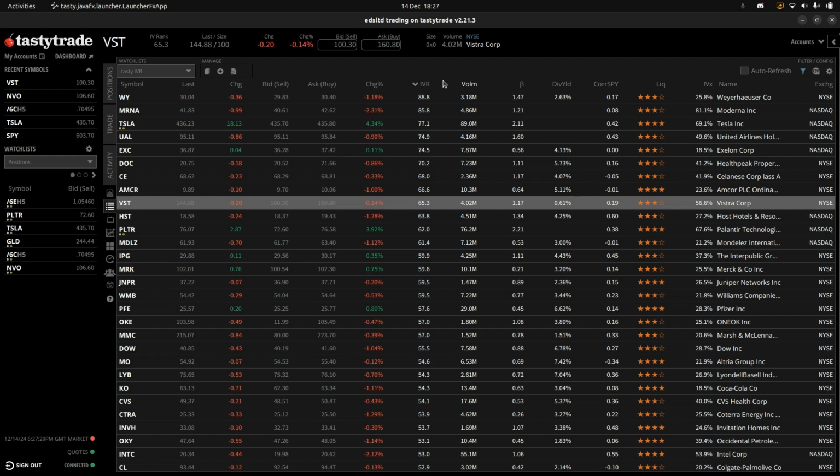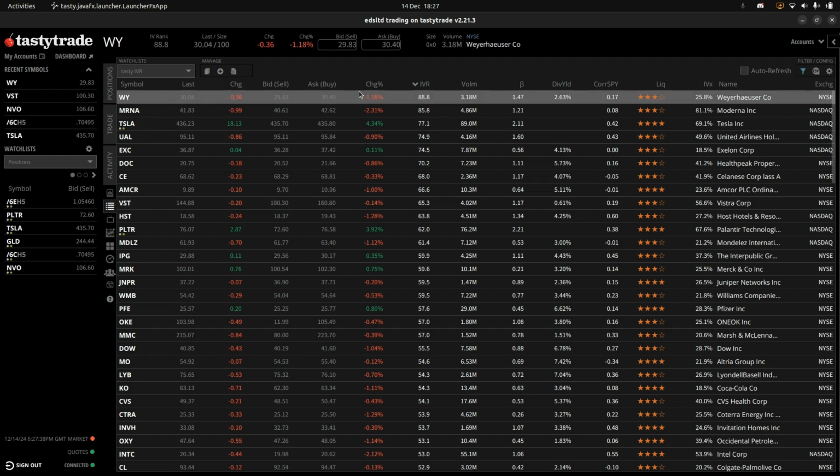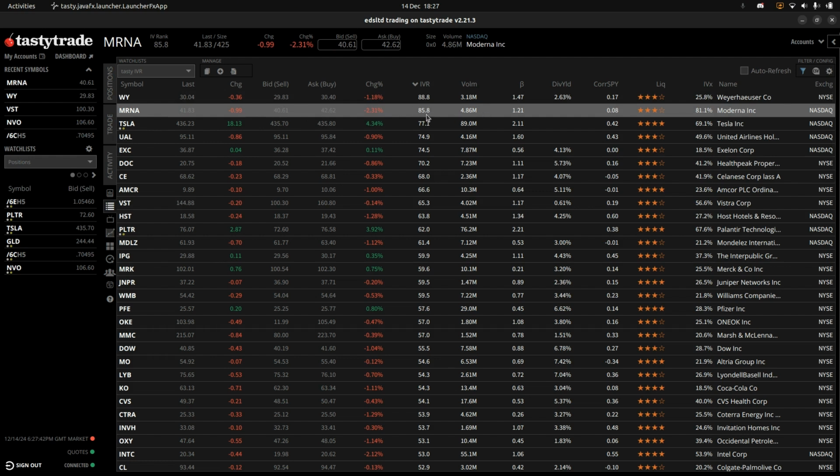if that makes sense. And then we have absolute IV over here, which is different, and I'll show you a little example. So IV rank, right? We have WY with an IV rank of 88.8, mRNA with an IV rank of 85.8. Very similar IV ranks, but if you look at the absolute IV, one is basically 26%, and the other one's practically 81%.